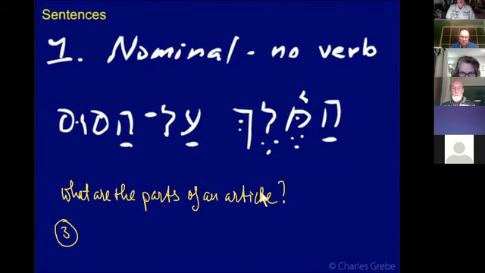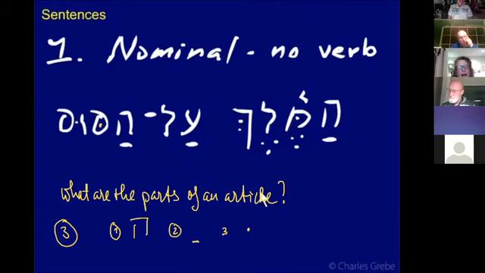Now the first part is the he, and then the line underneath and the dot. The second part is the patach. And the third part is the dagesh forte. So what he's missing here is this one. So you get hasus, with two S's.